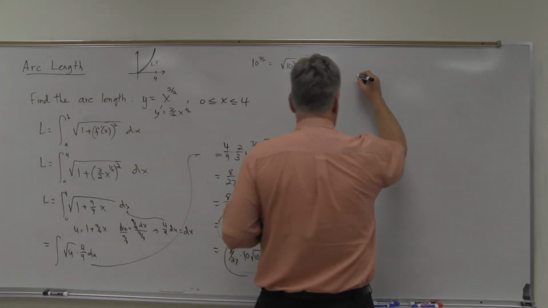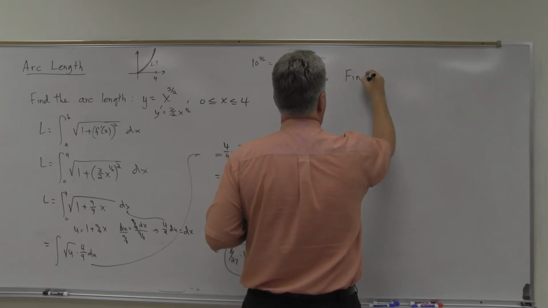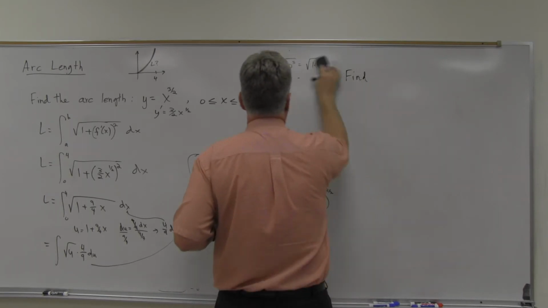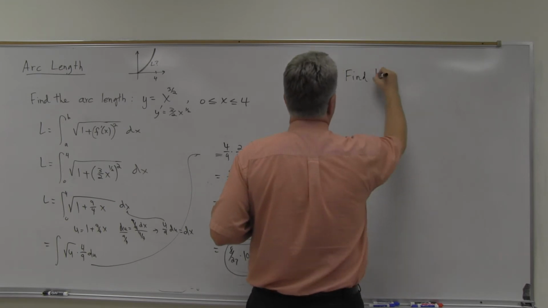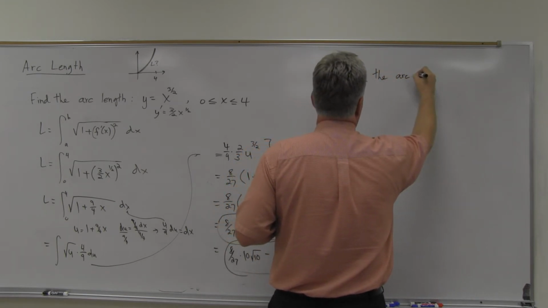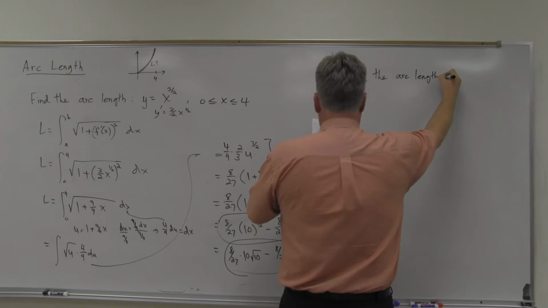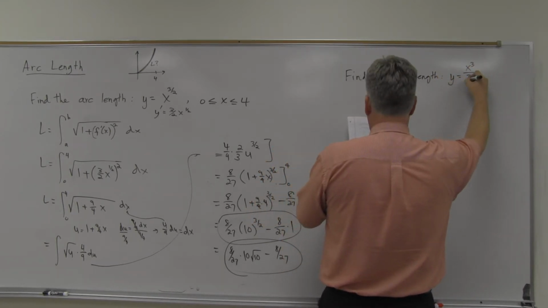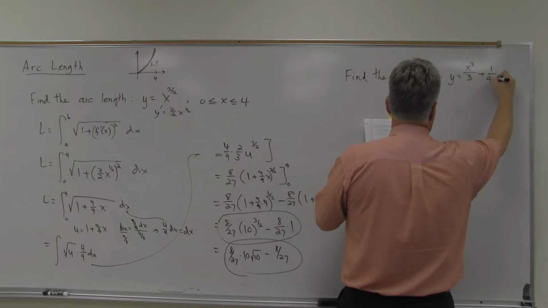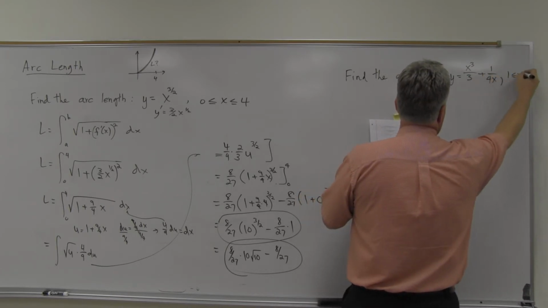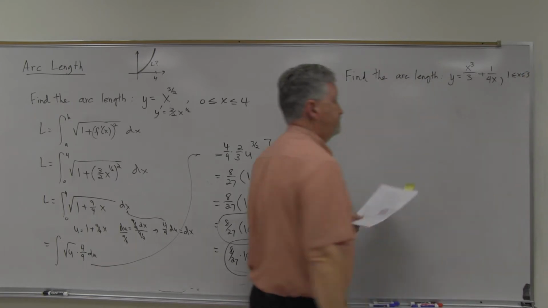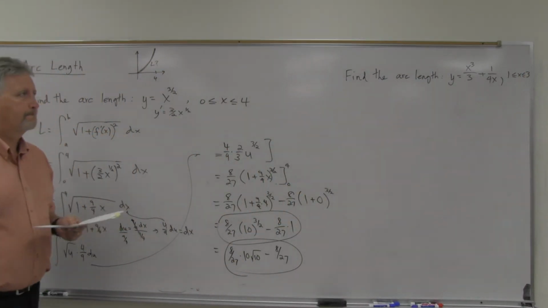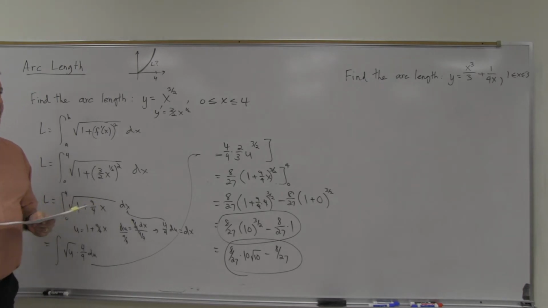All right, so find the arc length here. y equals x cubed over 3 plus 1 over 4x, and that x is going to run 1 to 3.